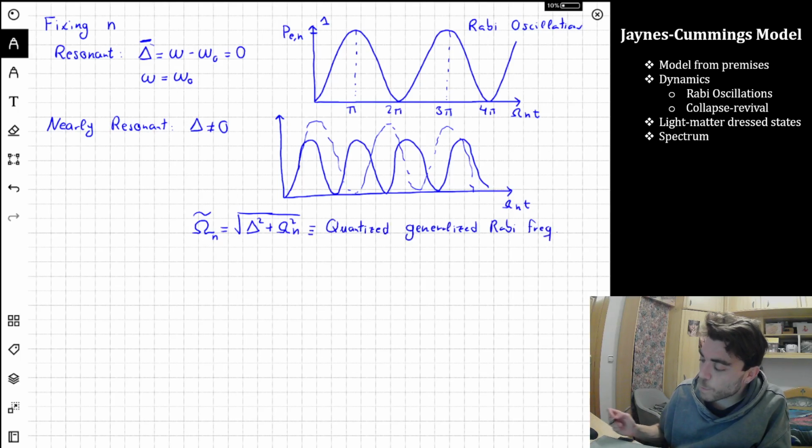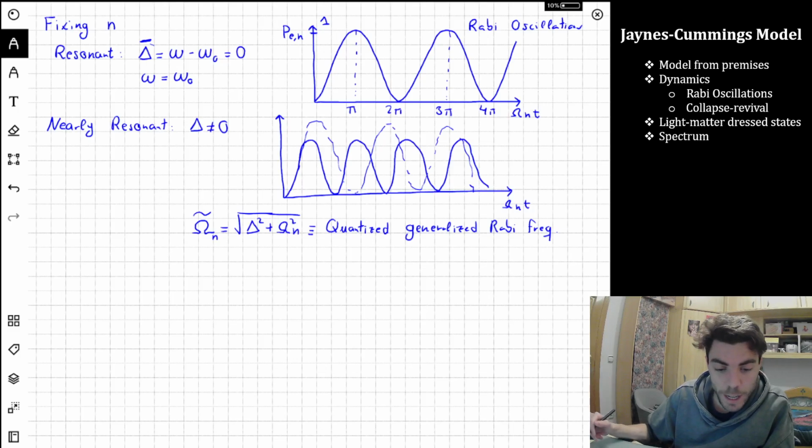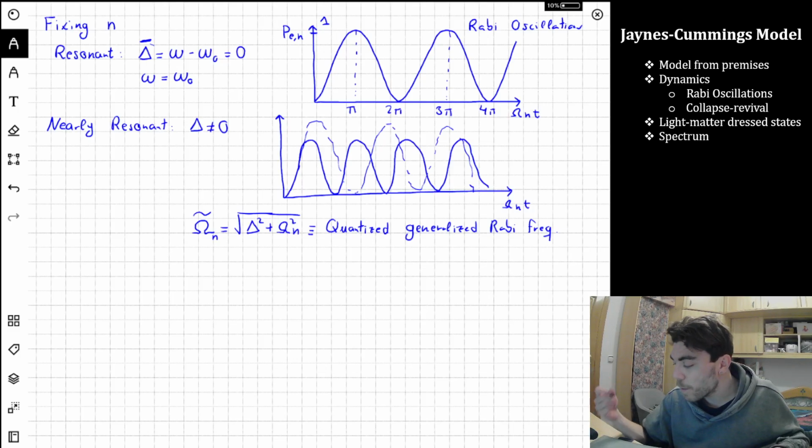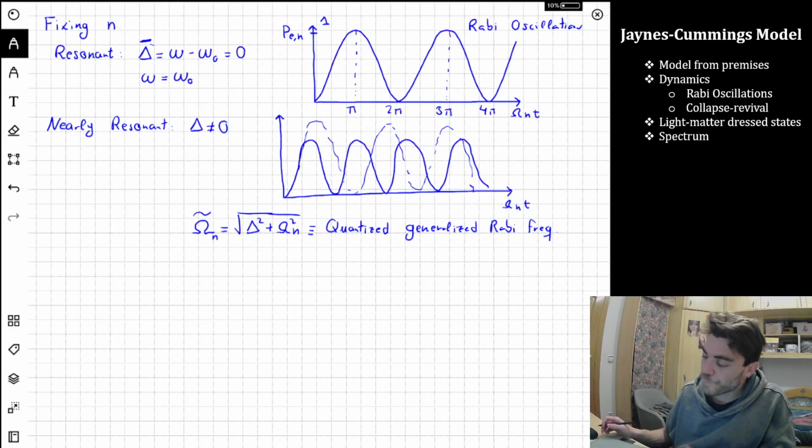Then omega tilde, we defined it in the semi-classical model as the generalized Rabi frequency because it's more general, it has a detuning inside as well. So if the detuning is 0, then the Rabi frequency and the generalized Rabi frequency coincide. But here, in the quantum version, it is the quantized generalized Rabi frequency. But the physics of the dynamics of the system is the same.